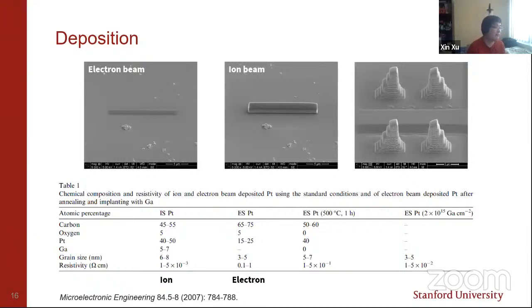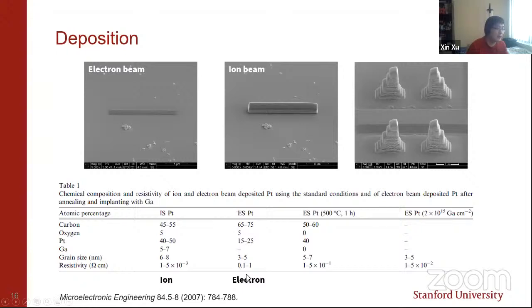That's why you always have some residues inside the deposit. So the resistivity is definitely not platinum resistivity, but it's not that bad. It's 10 to the -3. It's definitely lower than most solid electrolytes or lithium-ion conductors.